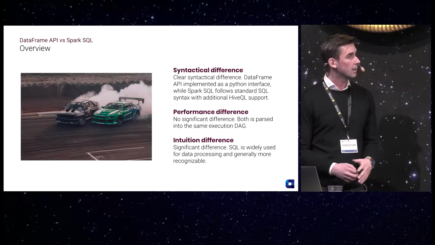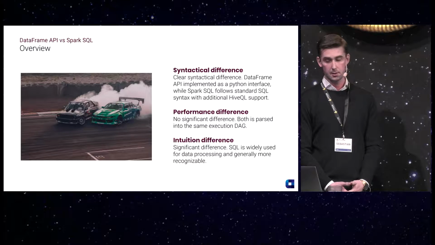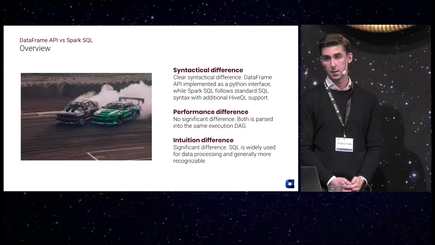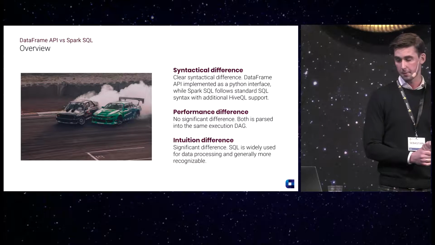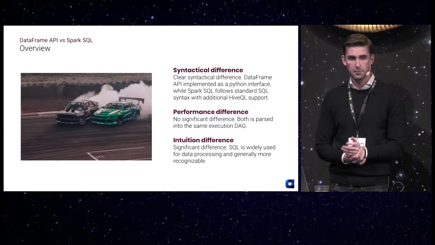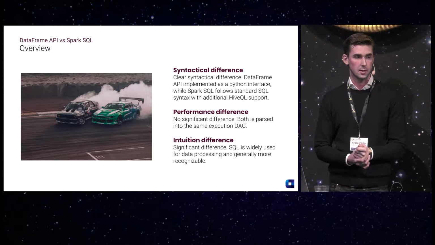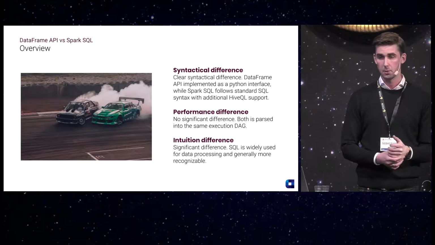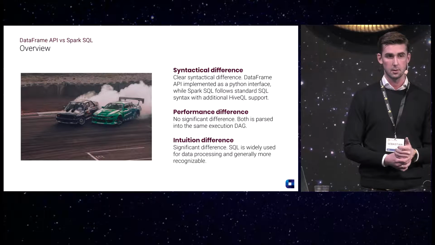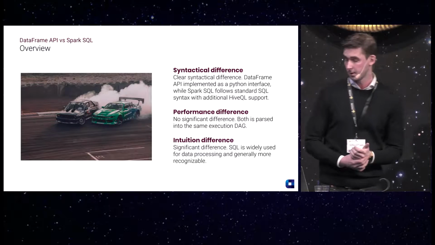So what I want to highlight here is that there is a clear syntactical difference between the 2, even though they solve the same thing. However, I believe that Spark SQL is much more intuitive than the DataFrame API, which I would like to demonstrate with an example in just 1 minute.